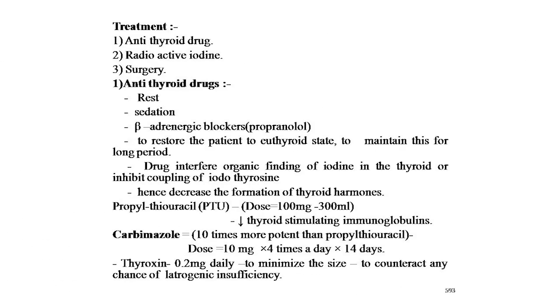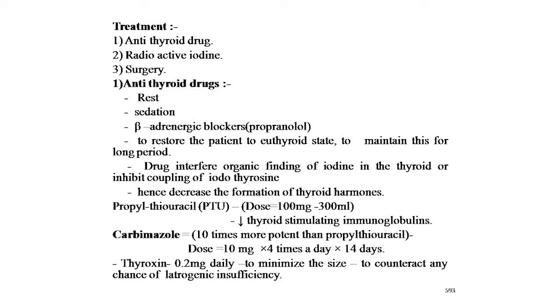Now the treatment: first is antithyroid drugs, then radioactive iodine, and surgery. First, antithyroid drugs: rest, sedation, and beta adrenergic blockers, that is propranolol, should be started to restore the patient to a euthyroid state and maintain this for a long period. The drugs interfere with organic binding of iodine in the thyroid or inhibit coupling of iodothyronine, hence decreasing the formation of thyroid hormones.